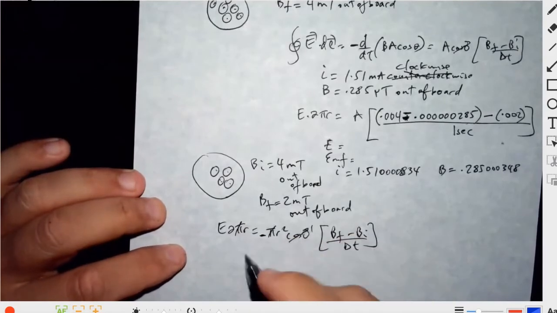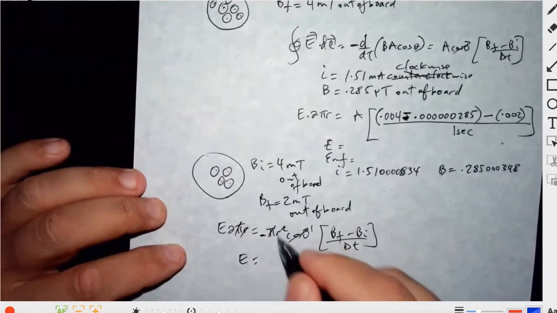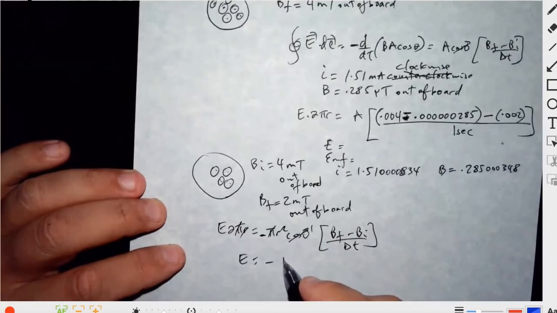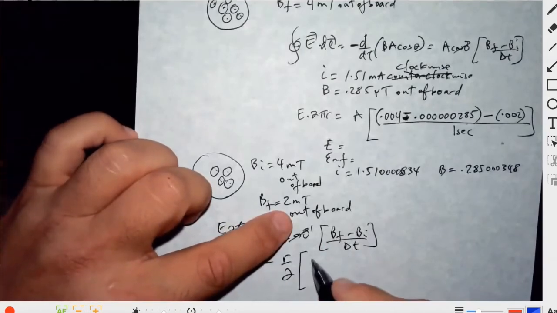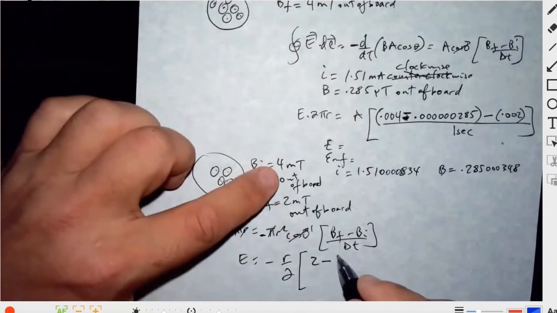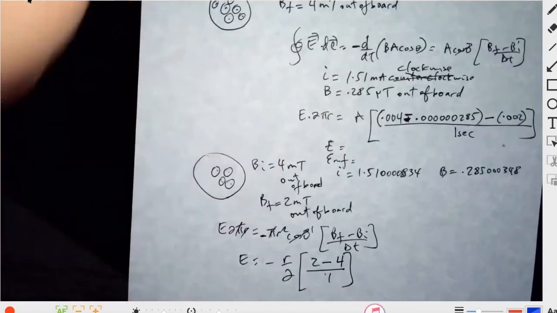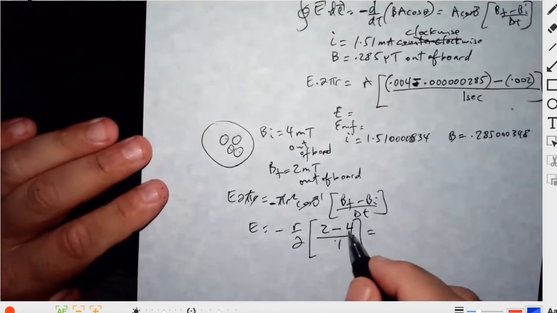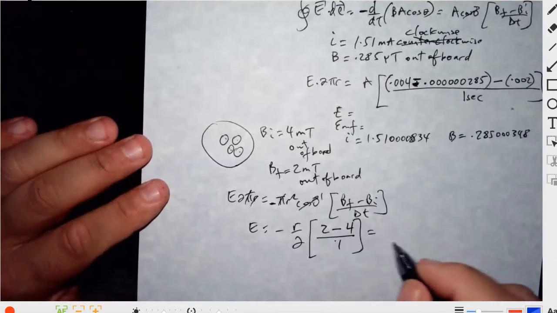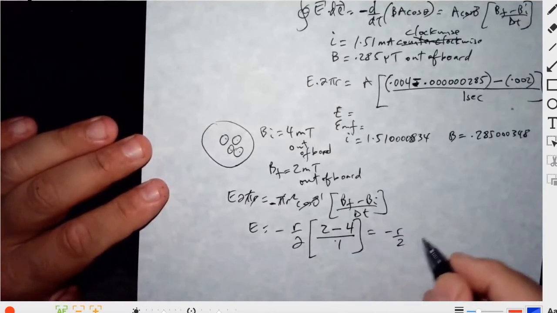So now what's going to happen? The pi cancels. R cancels, negative R over 2. B final is 2 minus B initial is 4 over 1 second. Right? And then you're going to have here 2 minus 4 is negative 2 over 1 second.